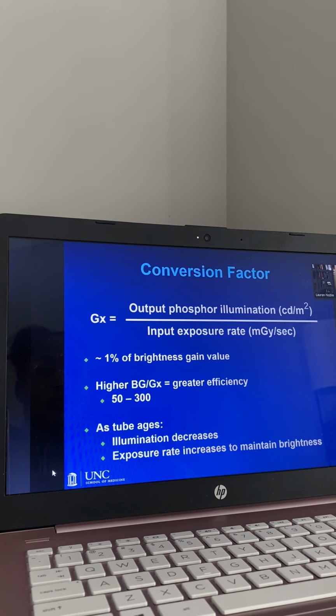It's kind of like as our X-ray tubes age, we end up having to increase our mAs to compensate. The same thing happens with image intensifiers. As they age, the exposure has to increase, and it gets to a point where that's too much exposure to the patient, so the system has to be replaced.